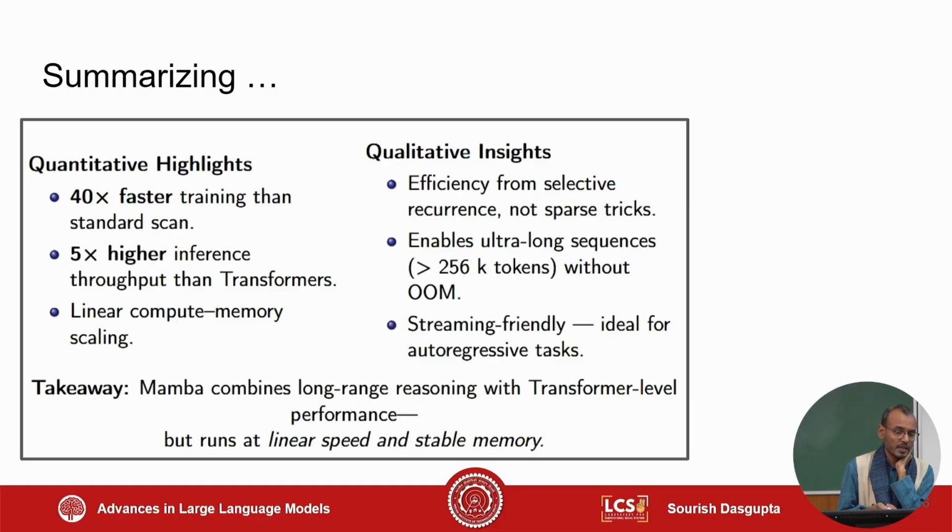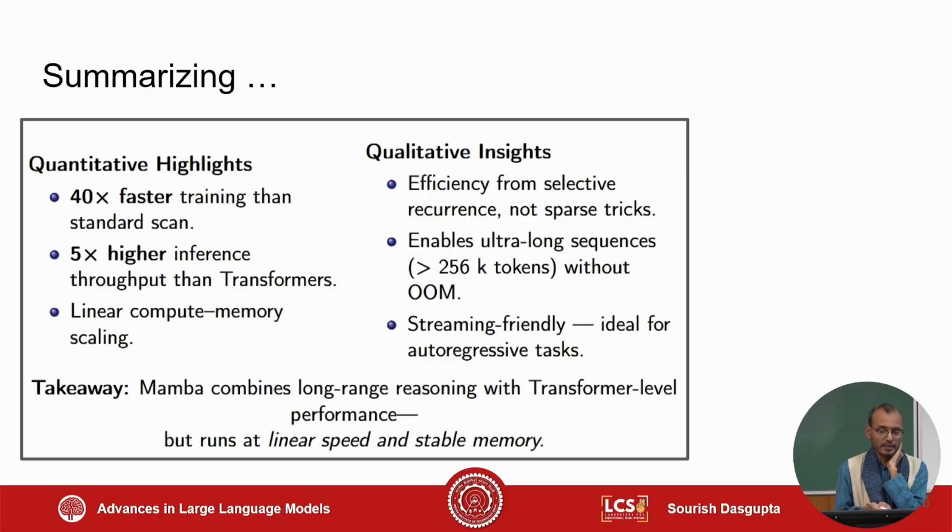So summarizing, it is 40x faster training than the standard scan, the linear scan that was used for Mamba. 5x higher inference throughput than transformers, and it has a linear compute and memory scaling.